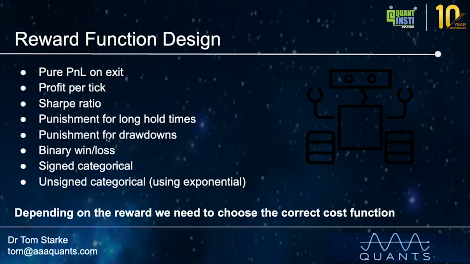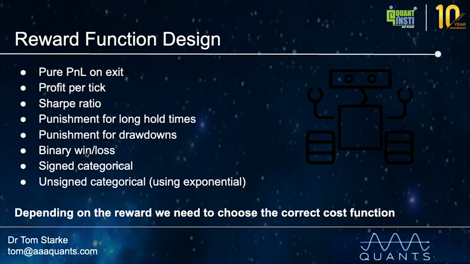Another way is to punish our function for drawdowns. If we have a big drawdown during our trade, we could introduce some sort of punishment for that, which is in some sense similar to the Sharpe ratio. Another way to do the reward function is just having a binary win and loss. So for example, if we win, we give a reward of +1. If we lose, we give a reward of -1.